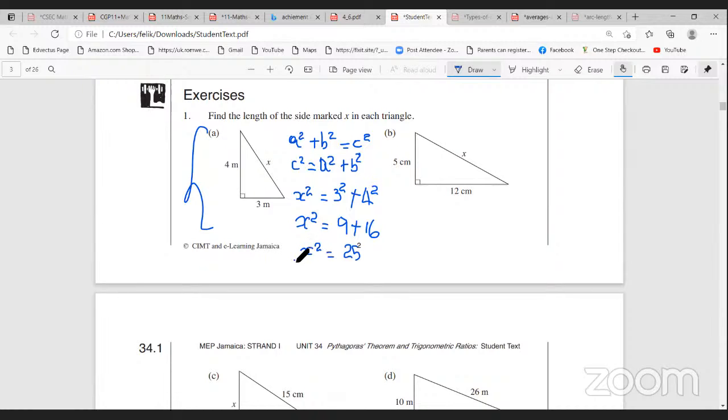Okay. The square root removes the square, so we do that to both sides. So therefore x equals, what's the square root of 25? 5, miss. Good job.